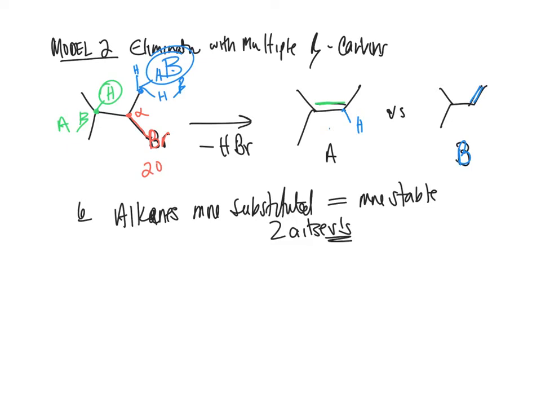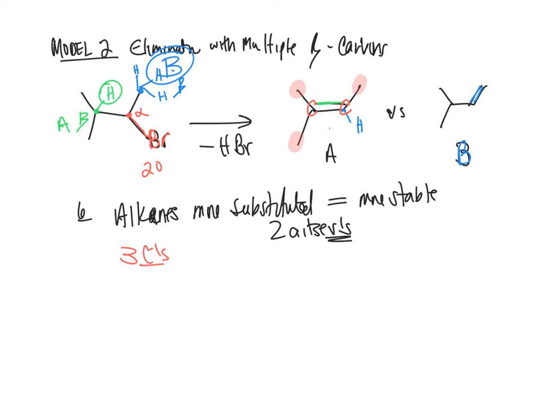I'll draw in the two carbons that make the double bond. Okay, so they're saying draw in this carbon and that carbon to make the double bond. In total, how many R groups, not hydrogen, are attached to these two carbons? So you have 1, 2, 3. So did you come up with 3? 3 carbons?